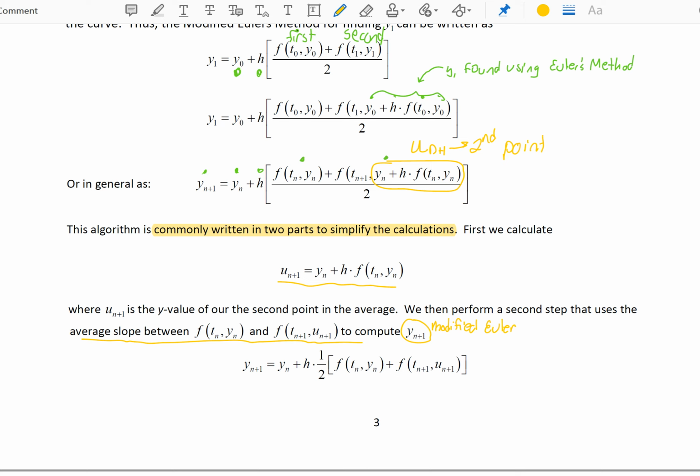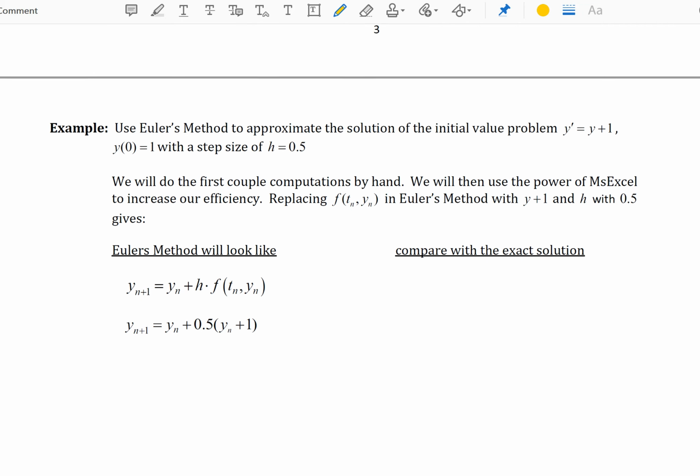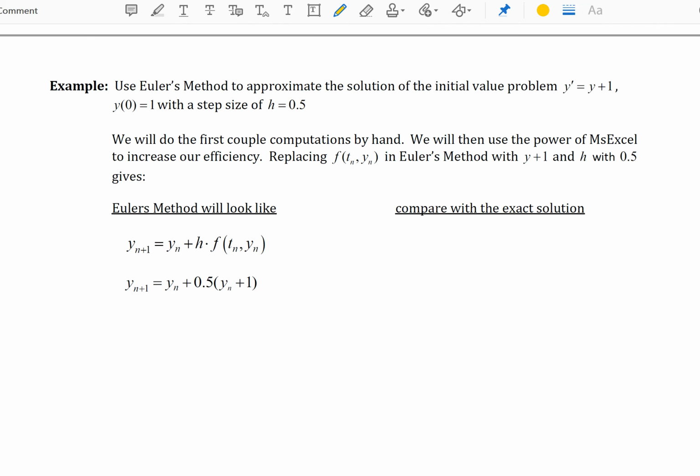Okay, I hope this makes sense so far. I'd like to look at an example with you so you can see how these calculations are performed. So let's see. Use Euler's method to approximate the solution to the initial value problem y prime is equal to y plus 1, y of 0 is equal to 1, with a step size of 0.5.